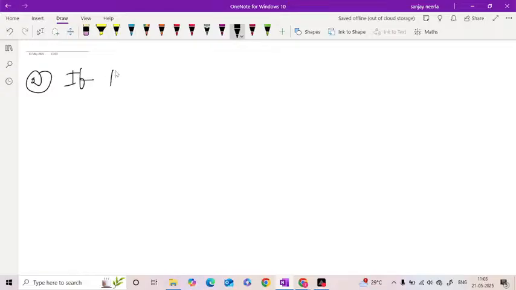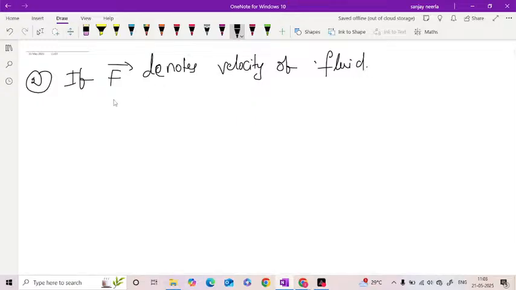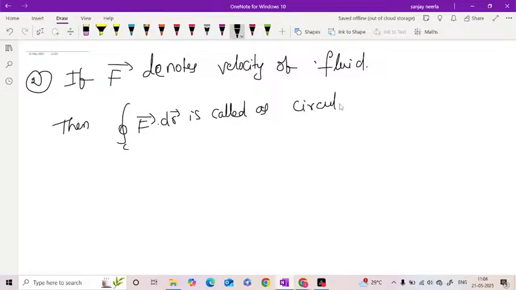Suppose F denotes velocity of a fluid, then the line integral over C is called the circulation of this F around a closed curve.